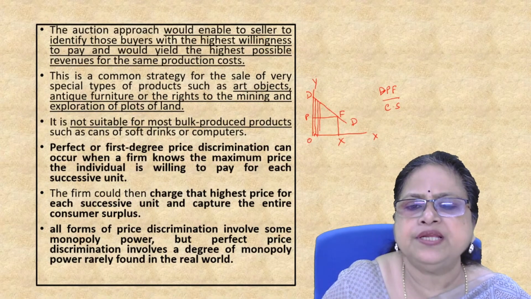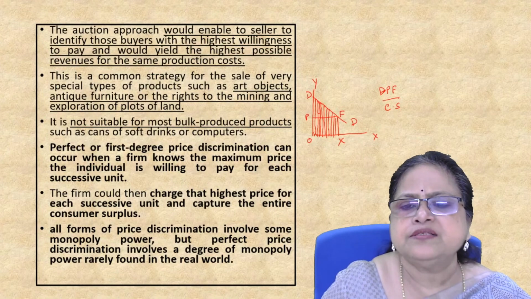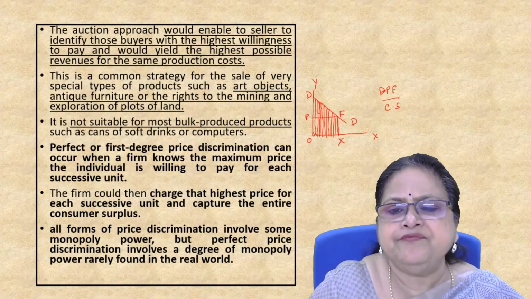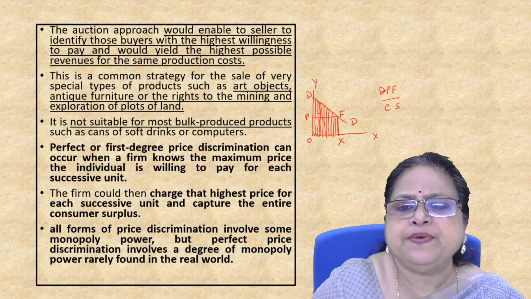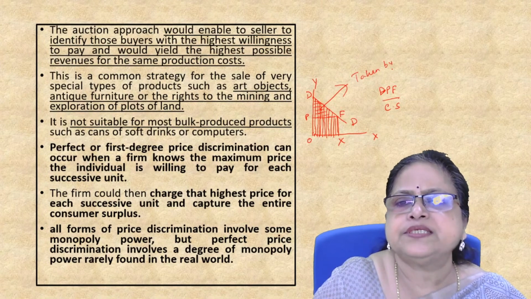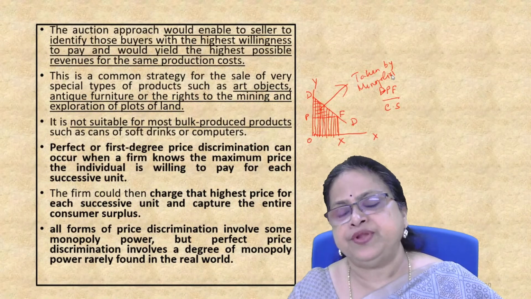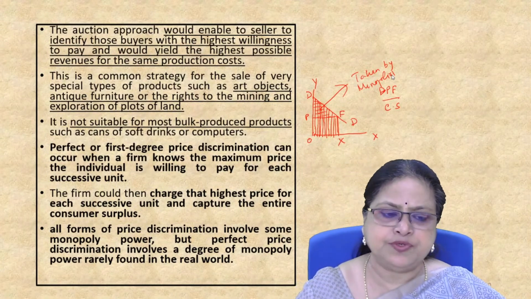Then for the third unit, he will charge this price. The price is changing, and slowly every successive unit is sold by the seller to the consumer. For every unit, the consumer is paying a different price, and this consumer surplus is entirely taken by the monopolist. So here the monopolist is charging a price for each successive unit and capturing the entire consumer surplus.